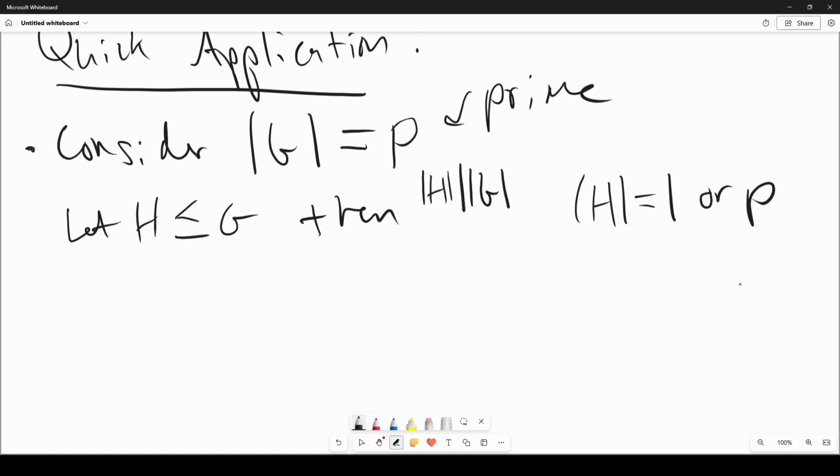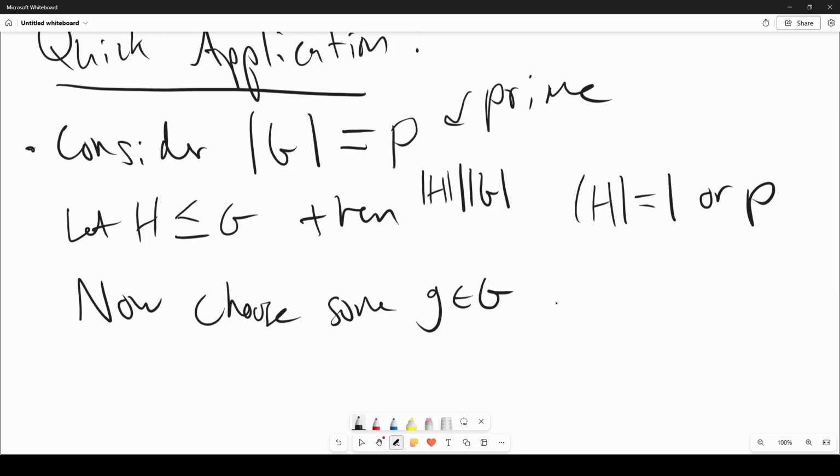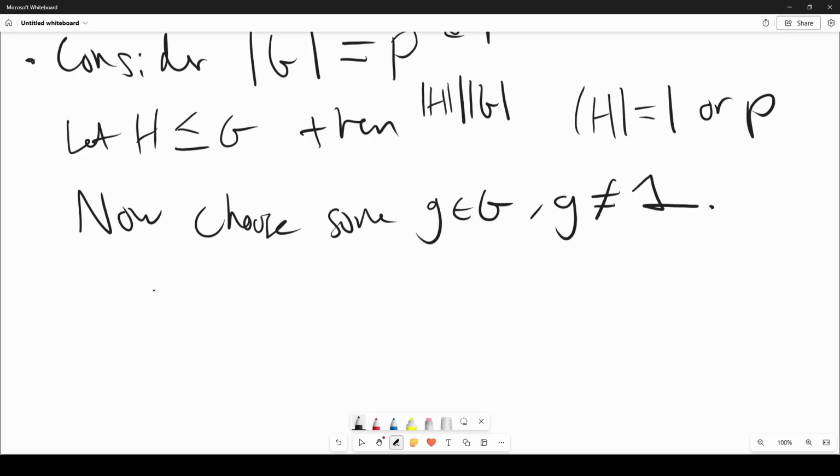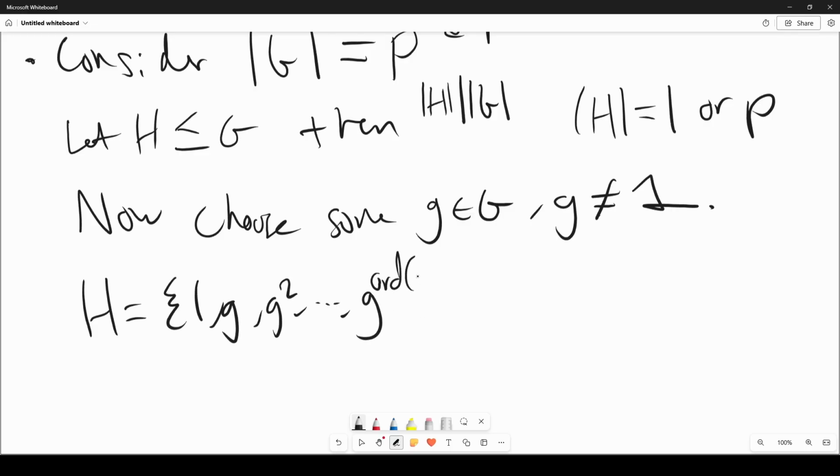Okay, I can make an even more interesting claim. Now, choose some g in G where g is not equal to the identity, and consider the subgroup H equals 1, g, g squared, all the way to g to the order of g minus 1.